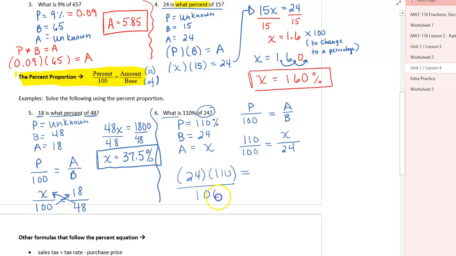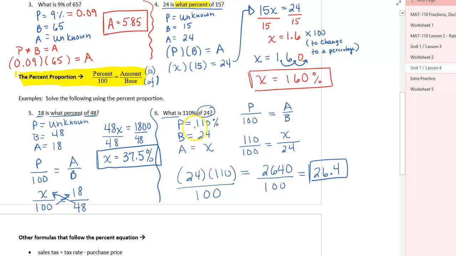So we're going to divide by 100. 24 times 110 is 2,640. And if I divide that by 100, that's going to give me 26.4. And so 26.4 is 110% of 24.